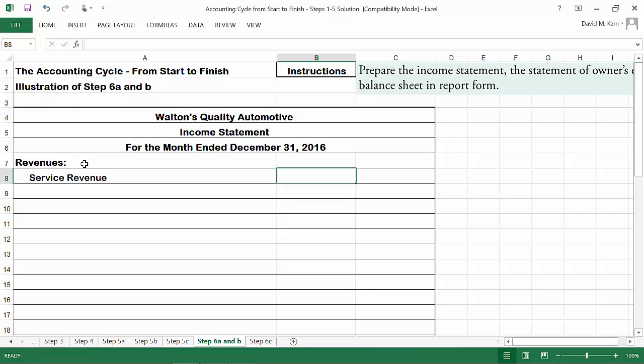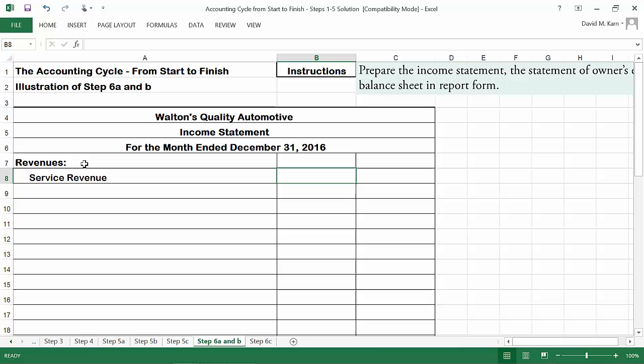Now, let's make a comment here that's very important for you as a student to understand. Notice that on the financial statements, we have multiple columns here. The first thing you have to realize is that these columns do not mean anything in regards to debits or credits.